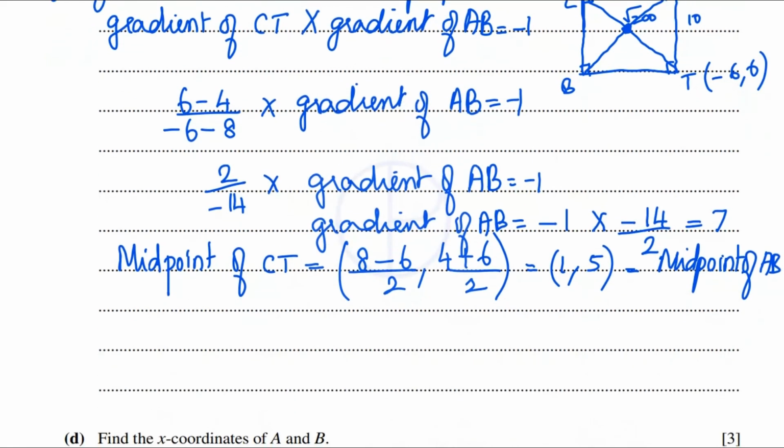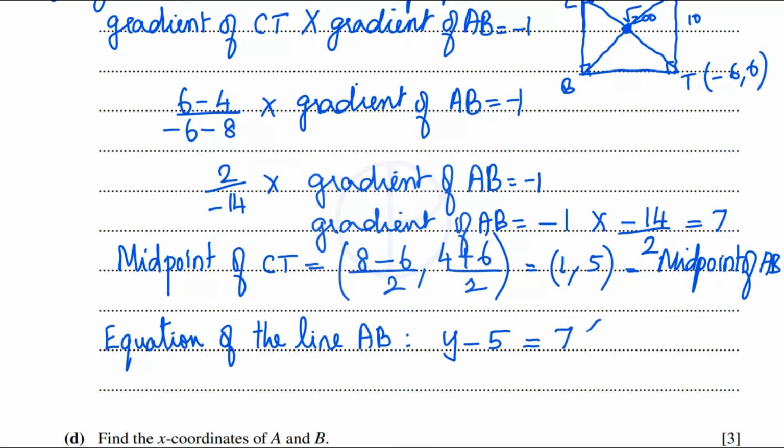So now let's find the equation of AB. What is the formula? y minus y1, where y1 is 5, equal to the gradient 7 multiplied by (x minus 1).